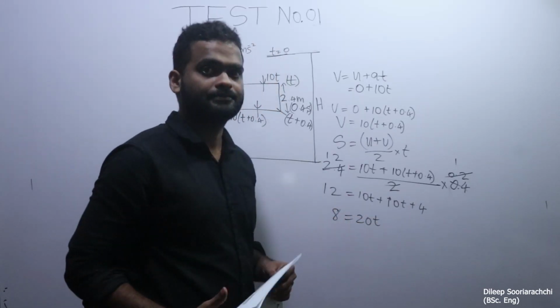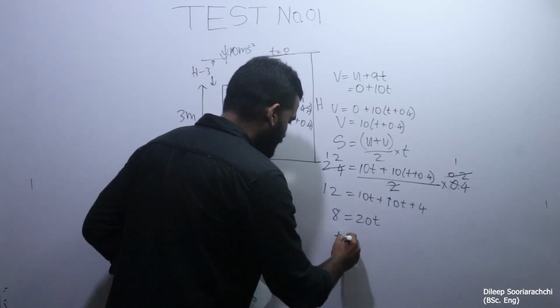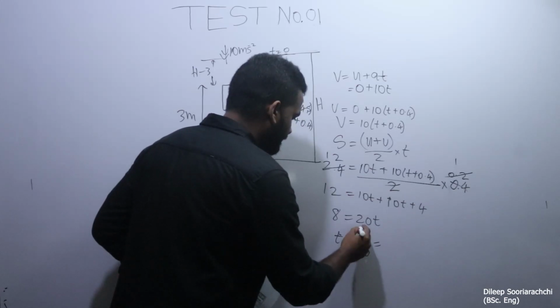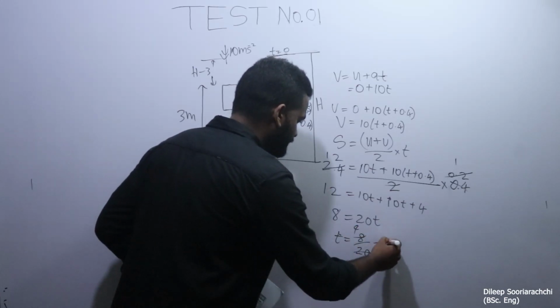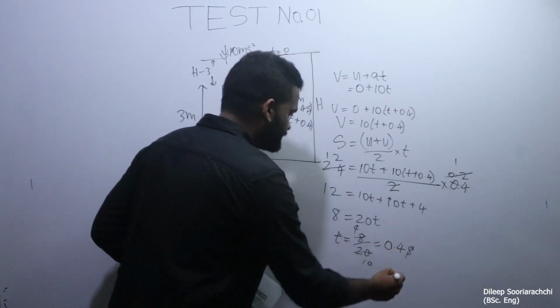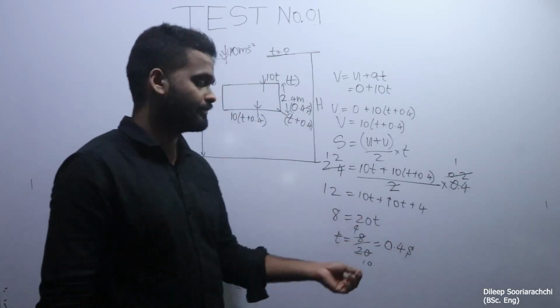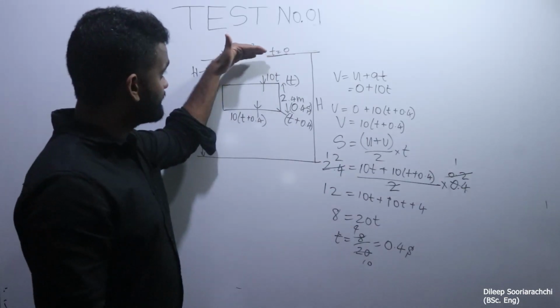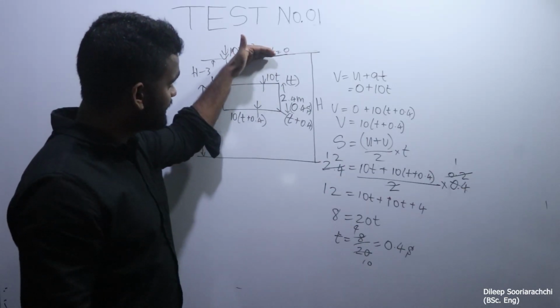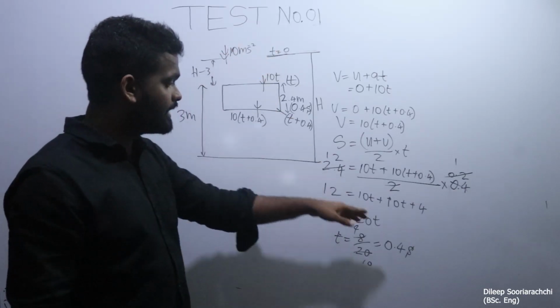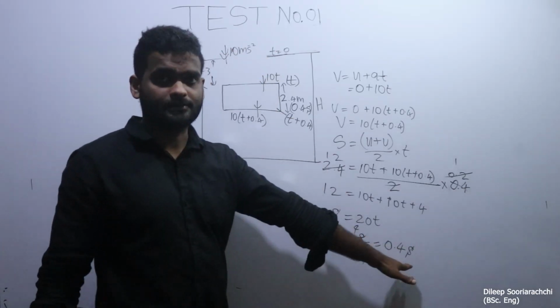Then the time is equal to 8 divided by 20 times 10, so it is 0.4 seconds. So now we found the time t, the time required for the mango to move from the tree to the top of the window, is 0.4 seconds.